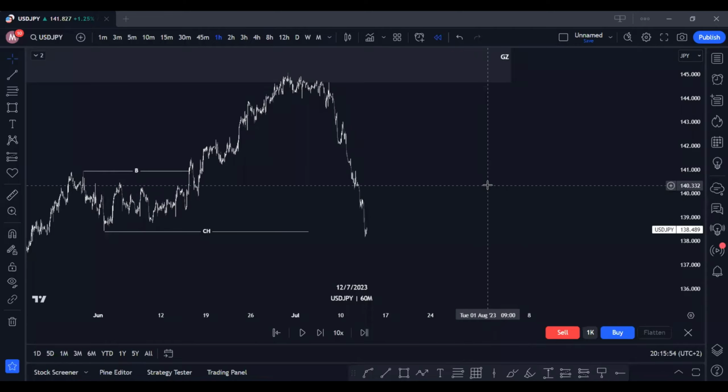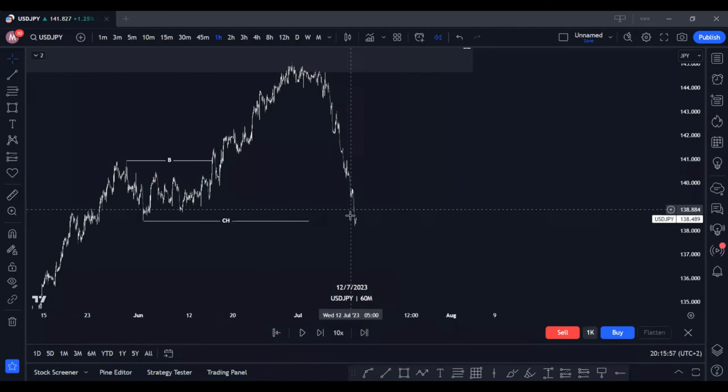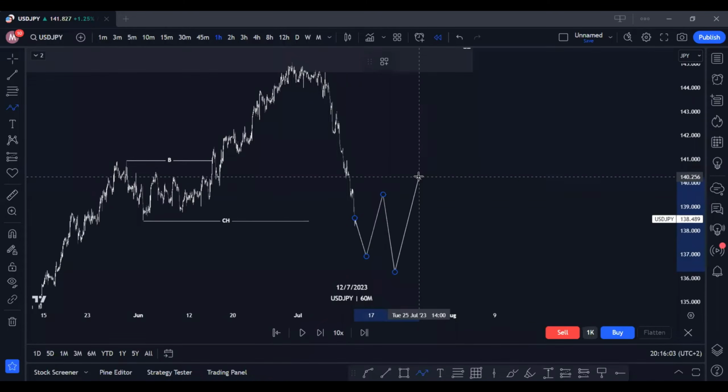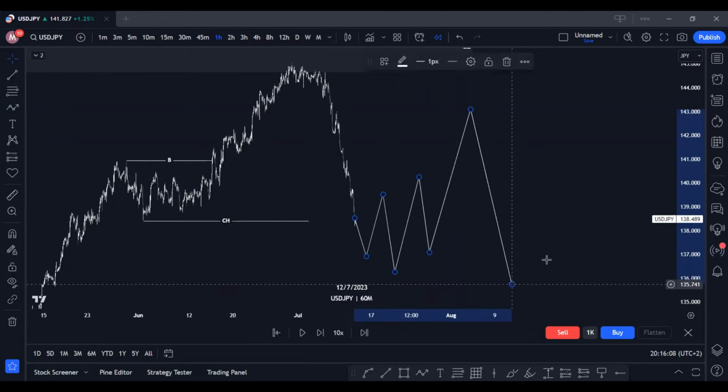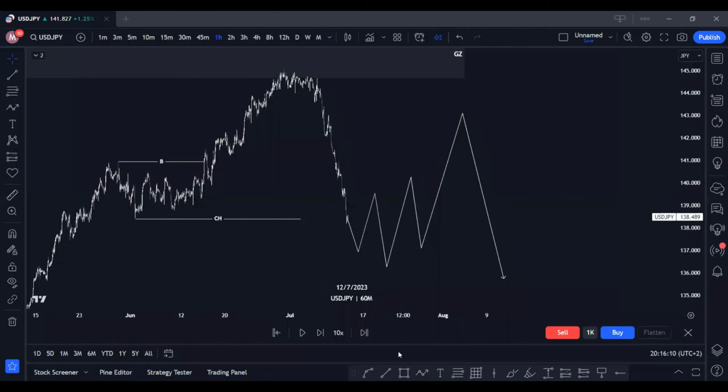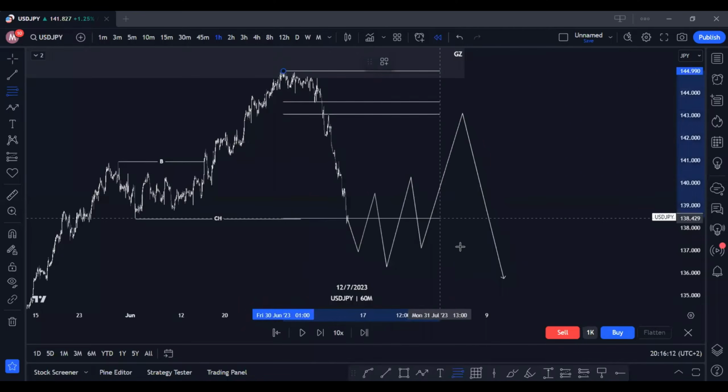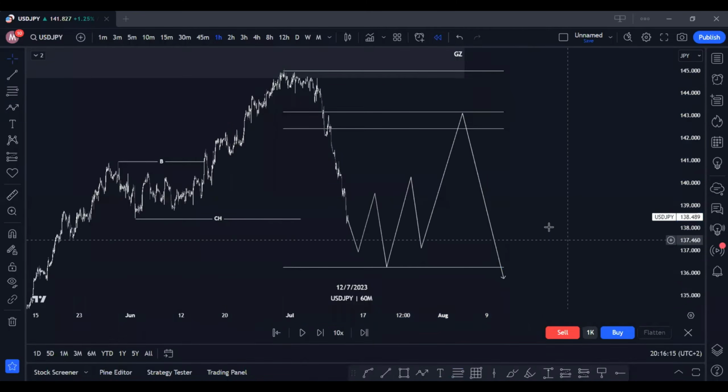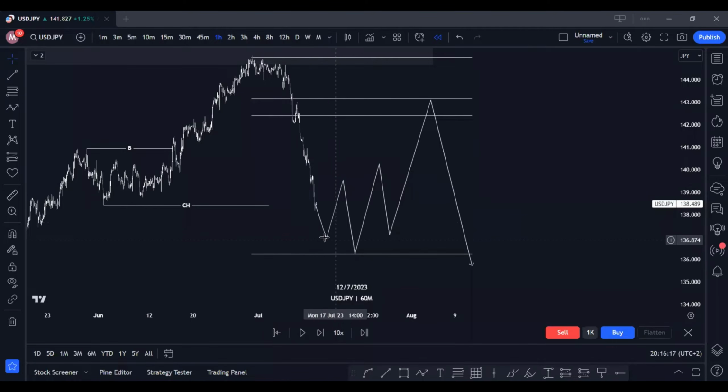Okay, so now since we have this, we're looking for something like this, so that price can push to the upside and take our confirmation entries from a golden zone here. And here we're looking for something like a CHoCH or an SMS, a break of structure here, a break of structure here, and a change of character here.